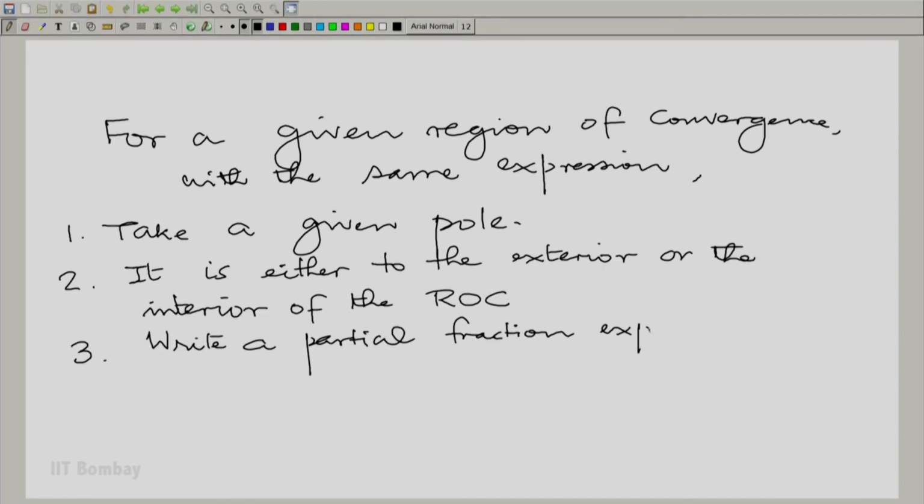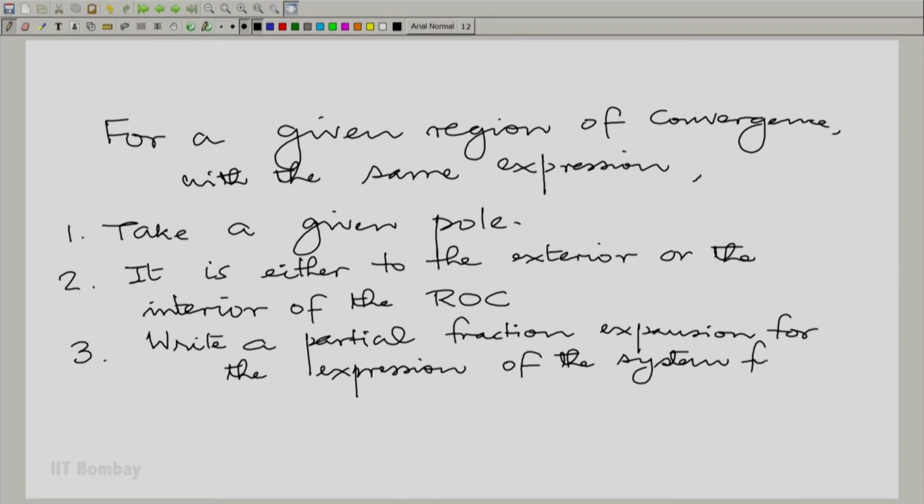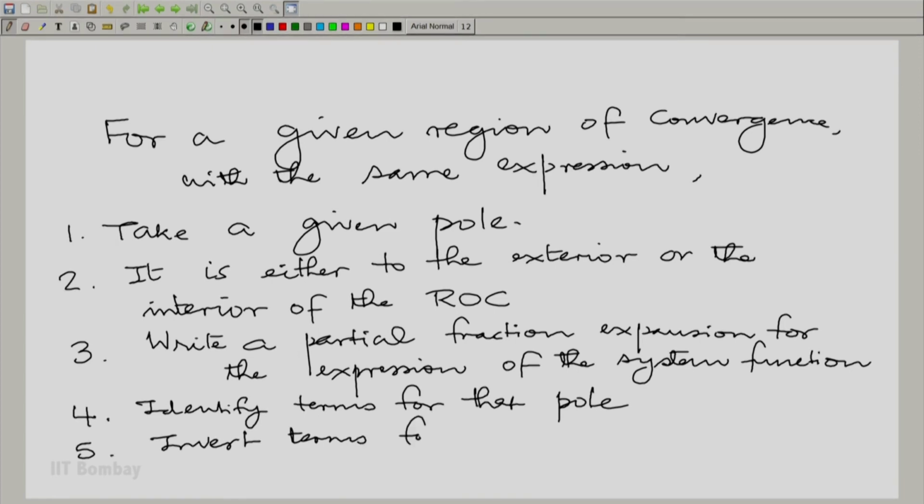Now, write a partial fraction expansion. Identify terms for that pole. Invert terms for that pole. So, if you focus on one pole, you can clearly invert the terms knowing whether the pole is exterior or interior. If it is exterior to the region of convergence, it contributes left-sided terms.